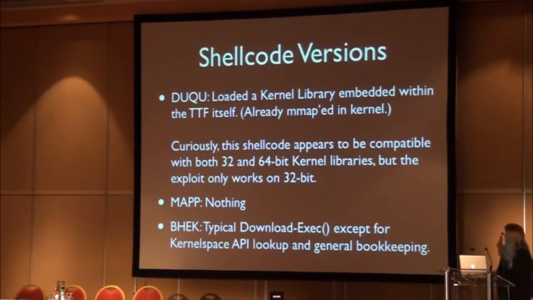It's pretty much the standard download-exec shellcode, except that it deals with loading the APIs from kernel32.dll instead of ntdll or whatever. And then some general bookkeeping. You don't actually have to deal with the IO privilege level stuff in the shellcode, because it ends up running in the context of win32k.sys anyway. Well, I'll explain in a minute.